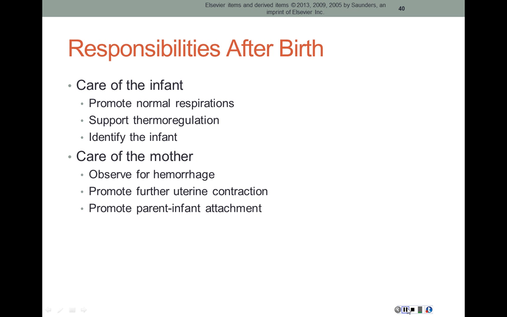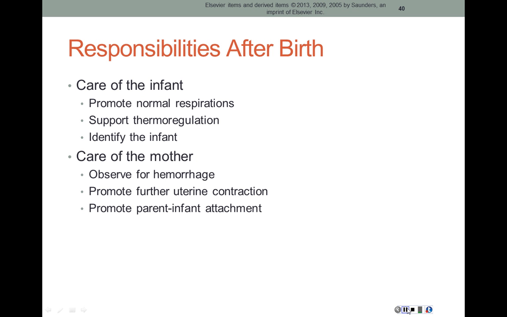You also have to make sure that you document if there are multiple babies, which baby's born first, when each baby is born, because remember, in a lot of cultures it's very important to know if there are two boys born, which one was born first, because the firstborn is treated differently than the secondborn.